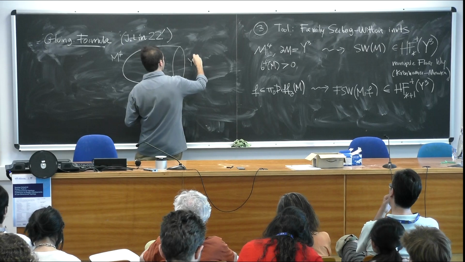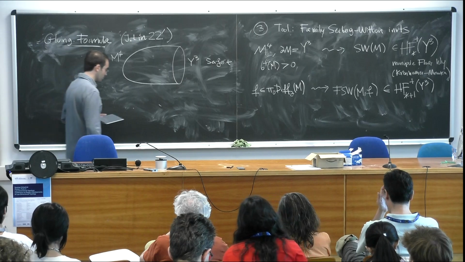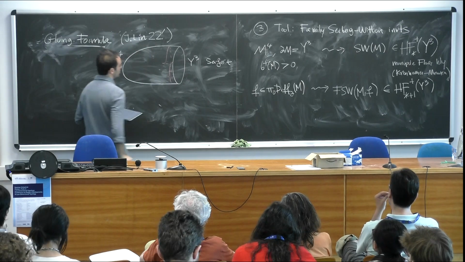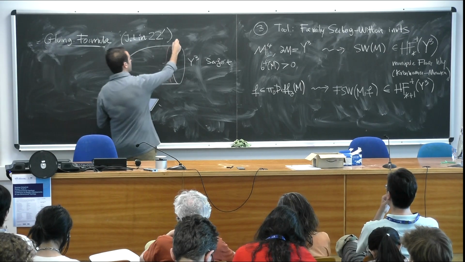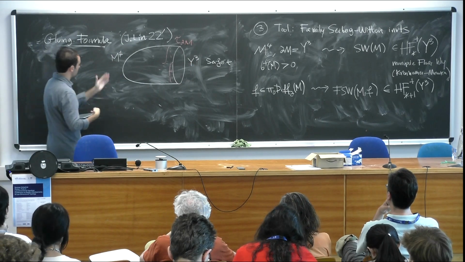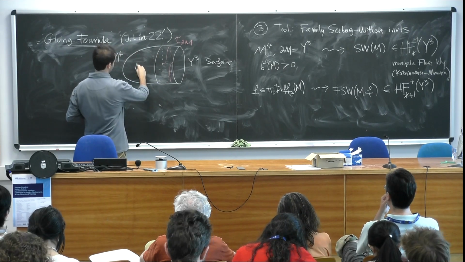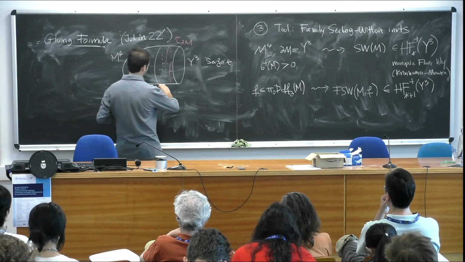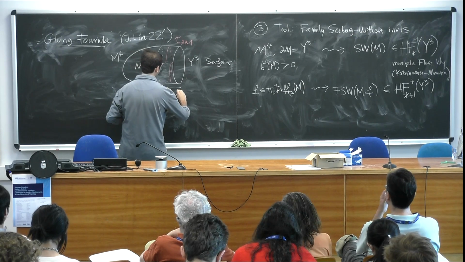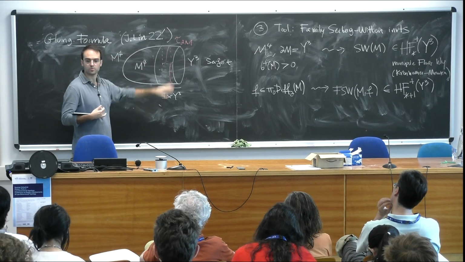Let me not do the general case, but rather consider the situation we're interested in, where we have a 4-manifold with boundary a Seifert-fibered 3-manifold, and we're looking at the boundary Dehn twist on that 4-manifold. Here you can separate this 4-manifold into two pieces: another copy of M, and a copy of interval cross Y. The diffeomorphism we're interested in, the Dehn twist, is supported in this interval cross Y region.